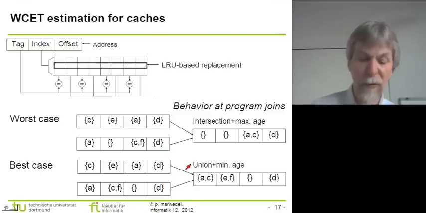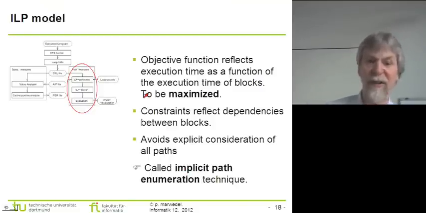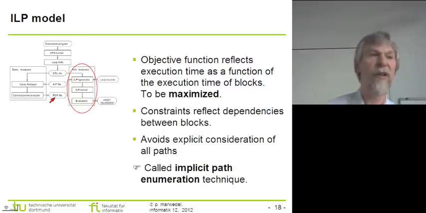Now this is what we have to do in order to analyze the cache. Next, we have to figure out what is the resulting execution time. We are computing this resulting execution time by exploiting the knowledge that we have for the worst case execution time for all the blocks. Using the information resulting from this analysis, we know exactly what is the largest execution time for each of the blocks.